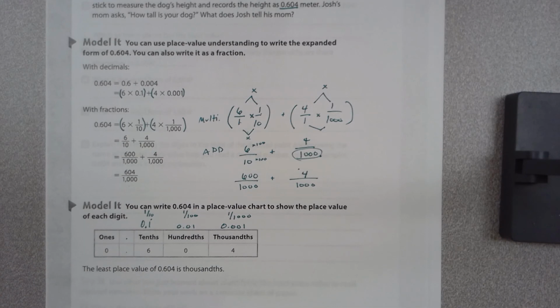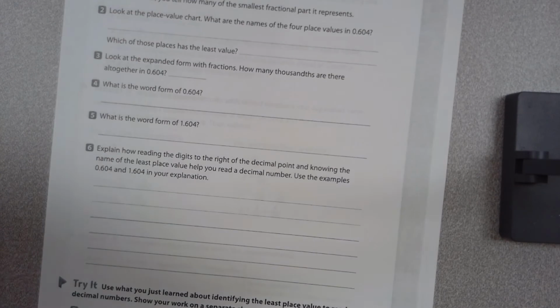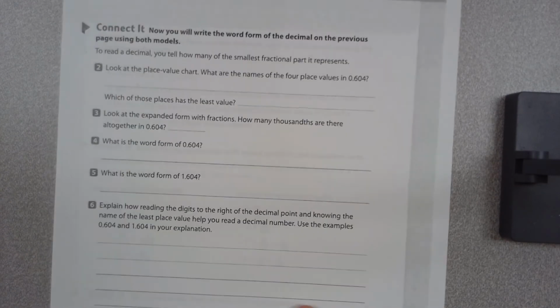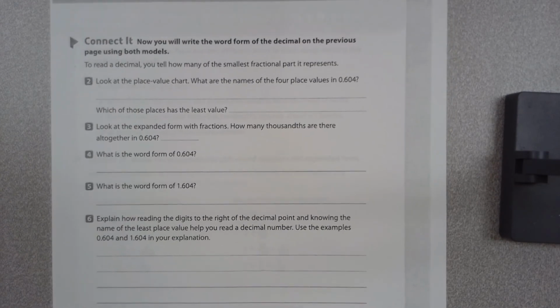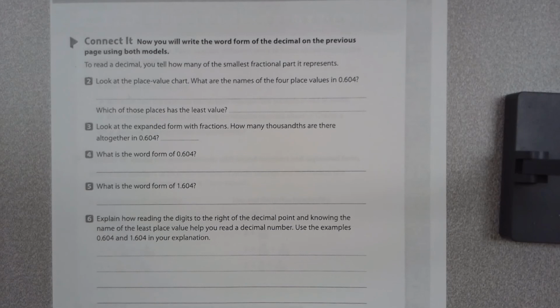Sorry, Velcro. All right. So what we're going to do now is we are going to go ahead and do page 17. All right, page 17. Here's what I want you to do. After I give you the directions, I want you to pause the video and attempt to fill this out.